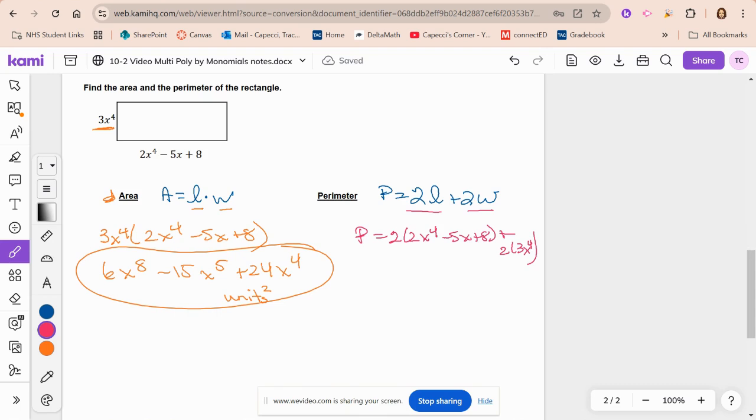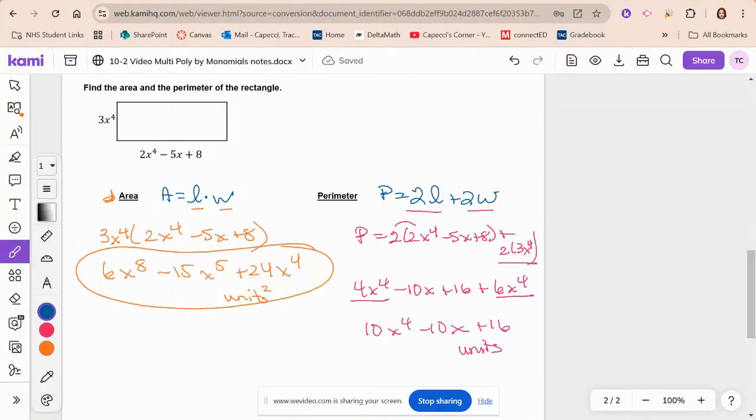Okay, so when I distribute that 2, I get 4x to the fourth minus 10x plus 16. And then when I multiply my 2 times 3x to the fourth, I get 6x to the fourth. Combine my like terms, and I have 10x to the fourth minus 10x plus 16. And again, that's just units. That's just if we're measuring. So that would be feet or meters, something like that.